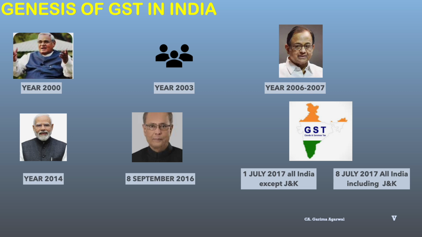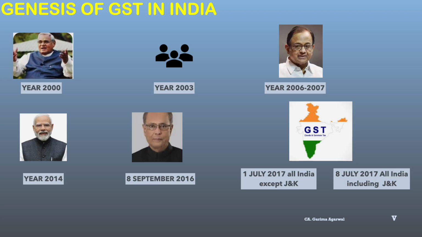And most importantly, the dual model, a system where the center and the states concurrently levy tax on a common base, that is central GST and state GST, while maintaining a uniform structure. So that's what they meant by fully integrated GST on a national basis.